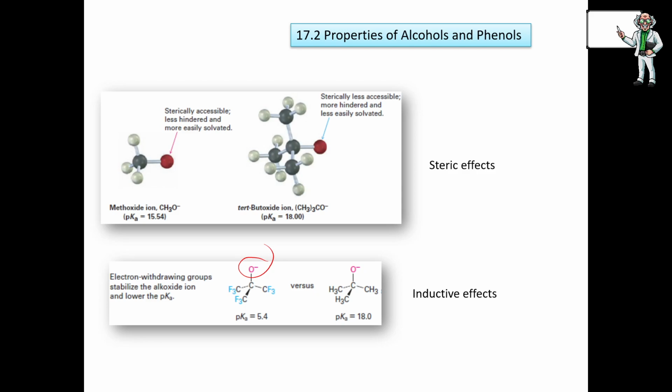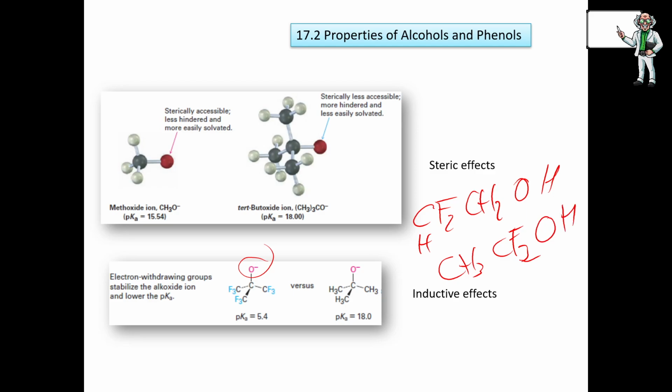Okay, that means this compound, this alcohol and this alcohol, okay, the first one has the fluorine 2 carbons away from the alcohol, and the second one has the 2 fluorines near the carbon that is close to the alcohol. Okay, the second one will be by far more acidic because the electronegative atoms are closer to the oxygen, so the inductive effect will be more effective. Okay?